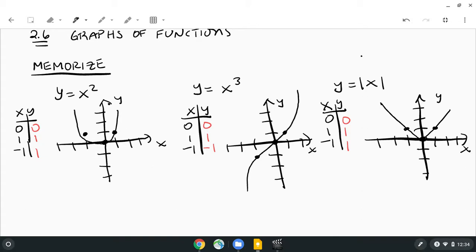If you just remember, okay, x squared, we have these 3 points, 0, 0, 1, 1, -1, 1. And same thing with absolute value, 0, 0, 1, 1, -1, 1. One of them is a U, absolute value is a V shape. And then x cubed has this snake-like graph, 0, 0, 1, 1, -1, -1.